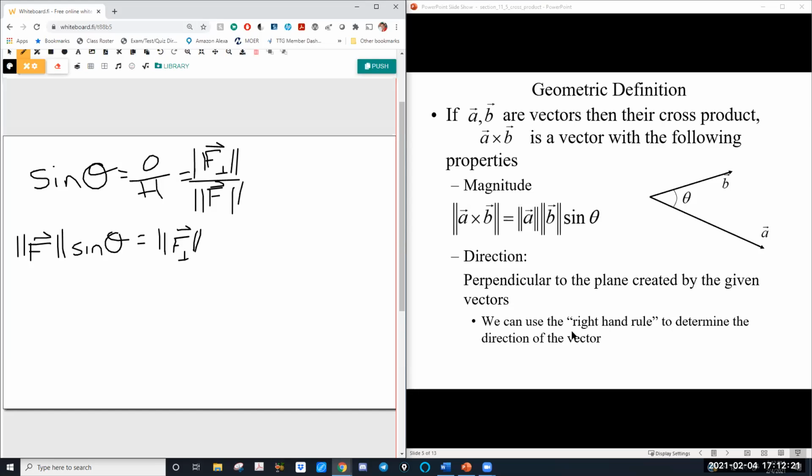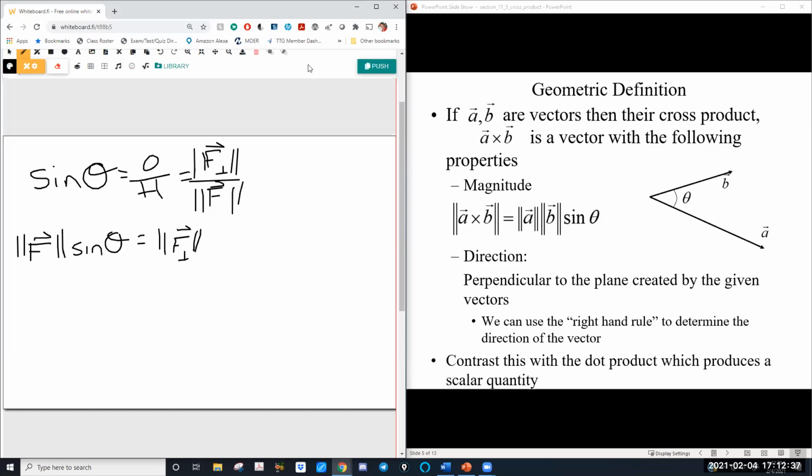Now you saw in the video that there's the right-hand rule to determine the direction of the vector. There's a couple different ways to do the right-hand rule. Let me put on my camera so you can see how I would do it on this one.